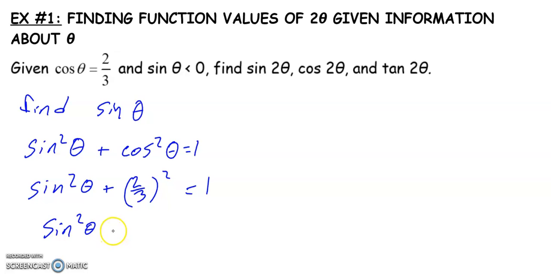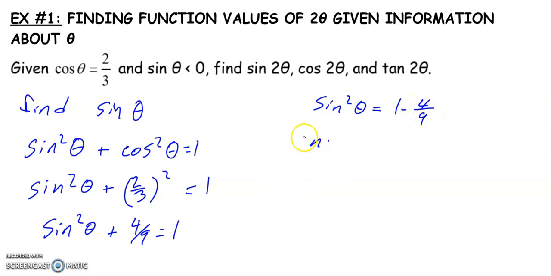So sine squared of theta plus 4/9 equals 1. Coming up here, sine squared theta equals 1 minus 4/9, so sine squared theta equals 9/9 minus 4/9.